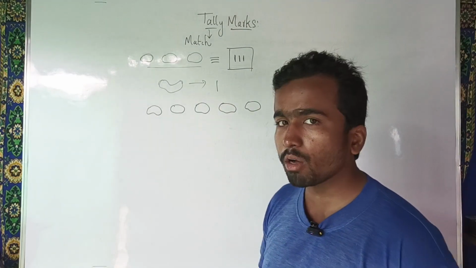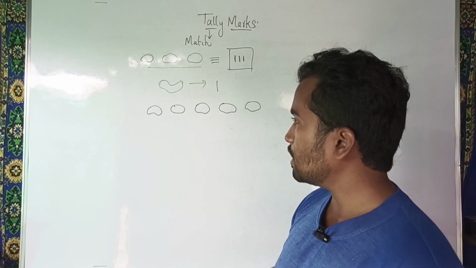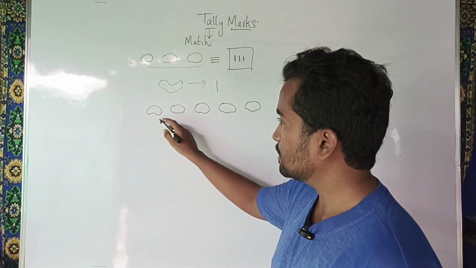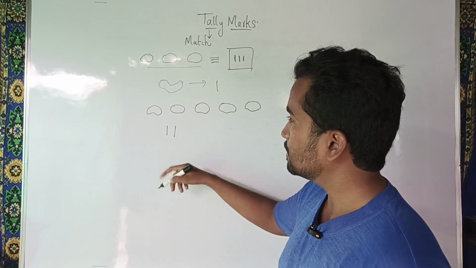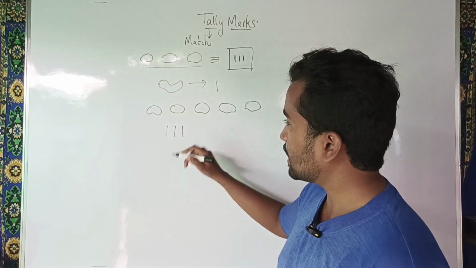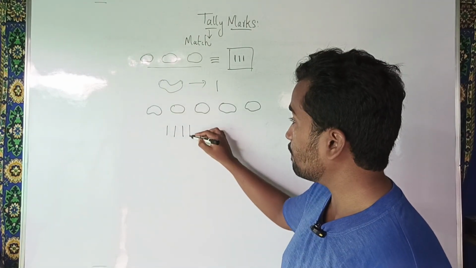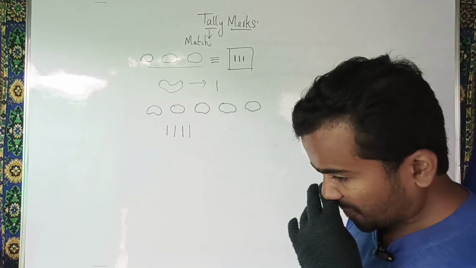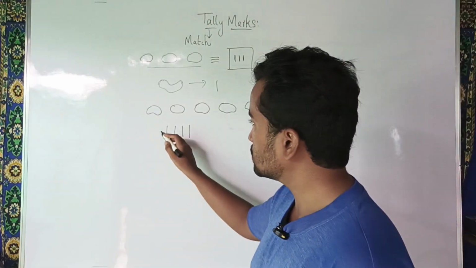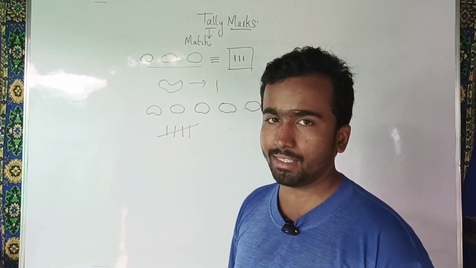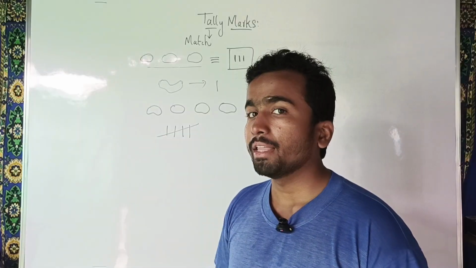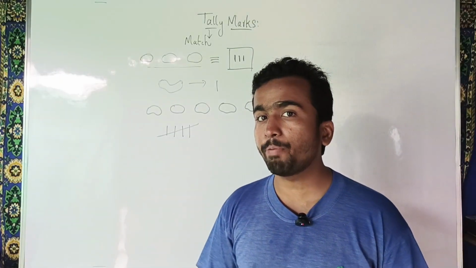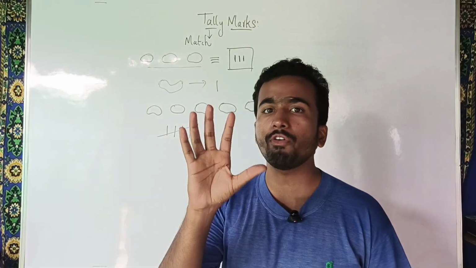For one object, one line. For one object, one line. For one object, one line. For one object, one line. So for this fifth object, what they used to do was draw the line like this.